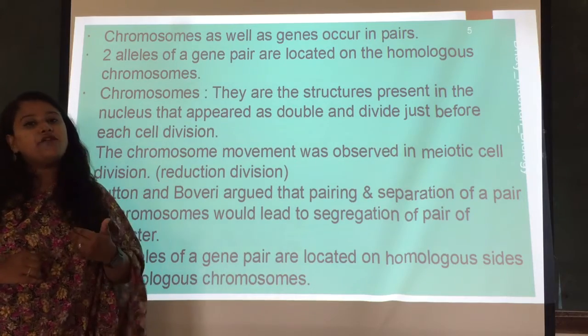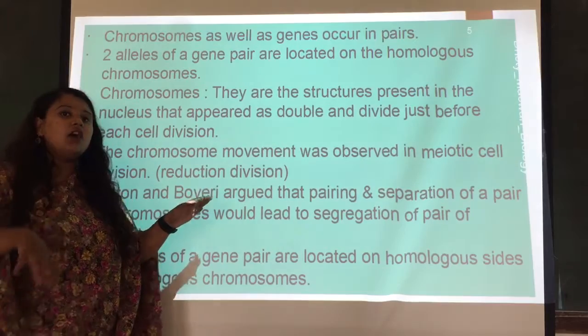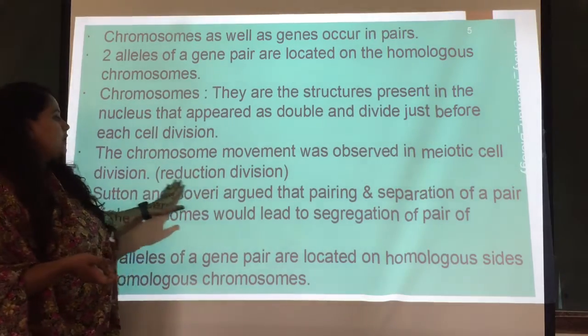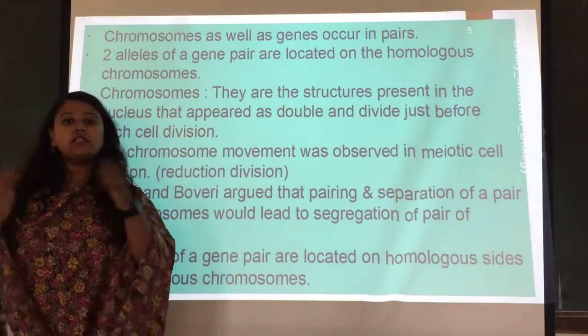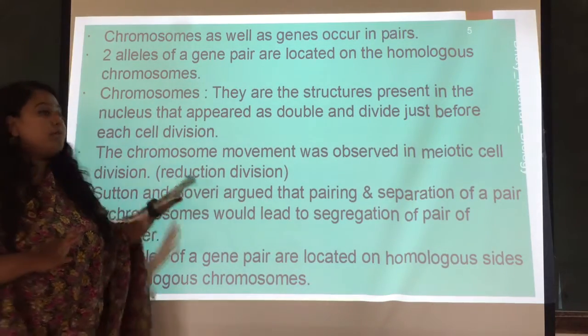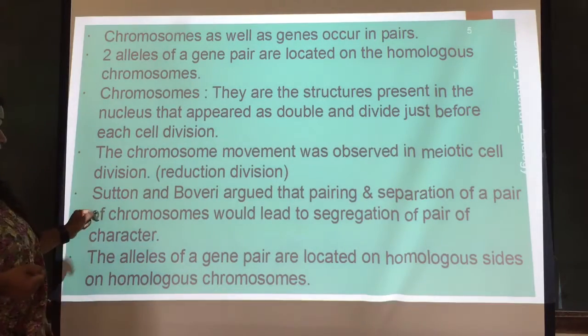Haploid means half of the parent, and as the reduction takes place in the daughter cells, it is said to be the reduction division. So the chromosome movement was first observed in the meiotic cell division, or the reduction division.